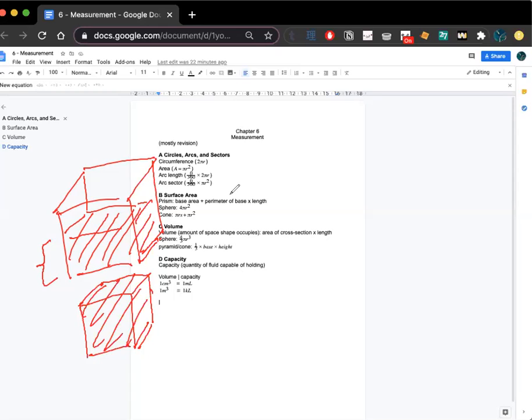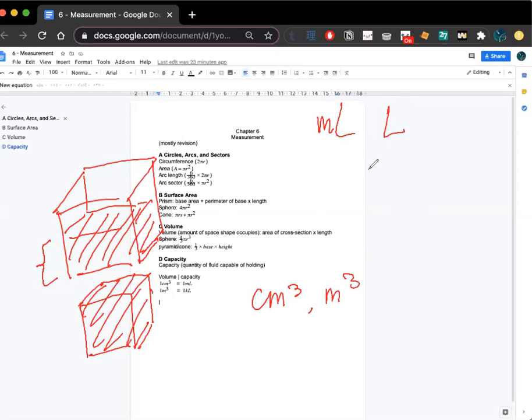So usually for general calculations, we use the metric system, right? In terms of volume, we usually use cm³ or m³. But for capacity, they usually use milliliters or liters.